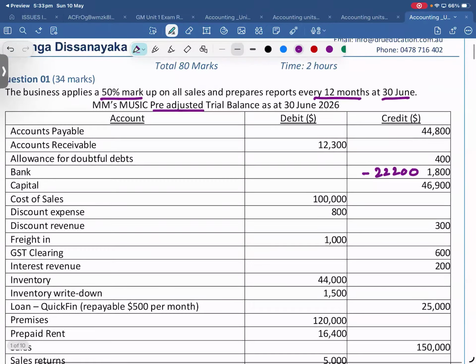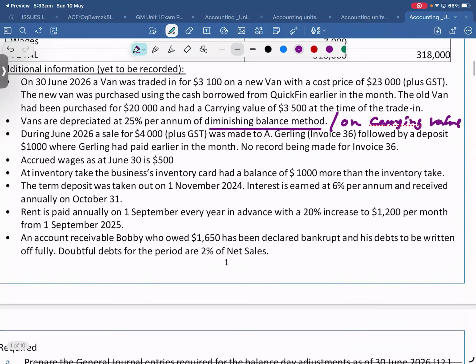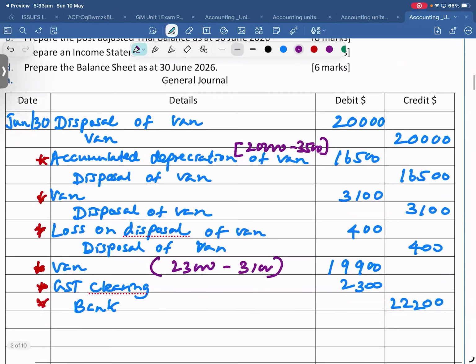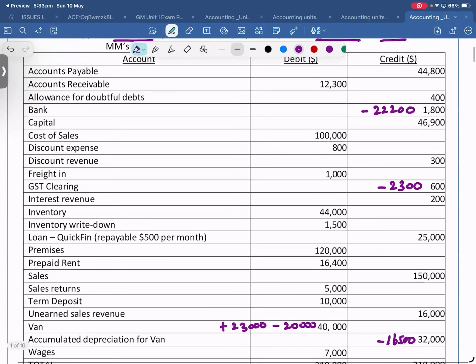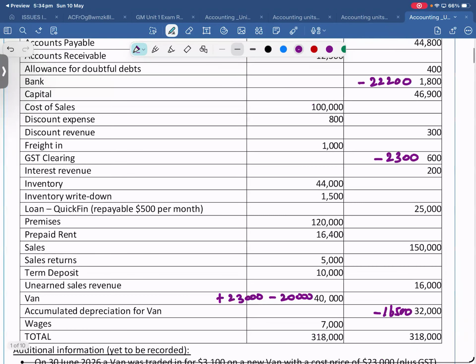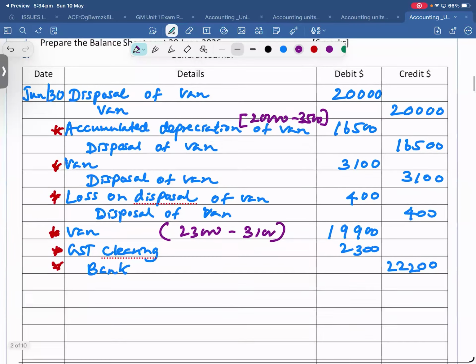Overdraft. And then GST, plus or minus, guys? GST minus 2,300. And then that's it. And we have one more thing, loss on disposal.